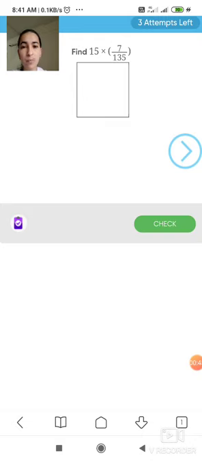Okay, students, now you can see on the screen one example, and that example is from your chapter Fractions and Decimals. In that chapter we have learned the multiplication of a fraction by a whole number or a fraction with a fraction.